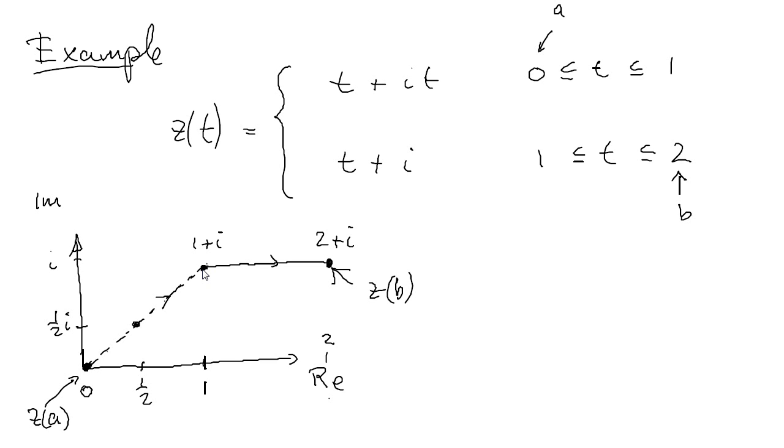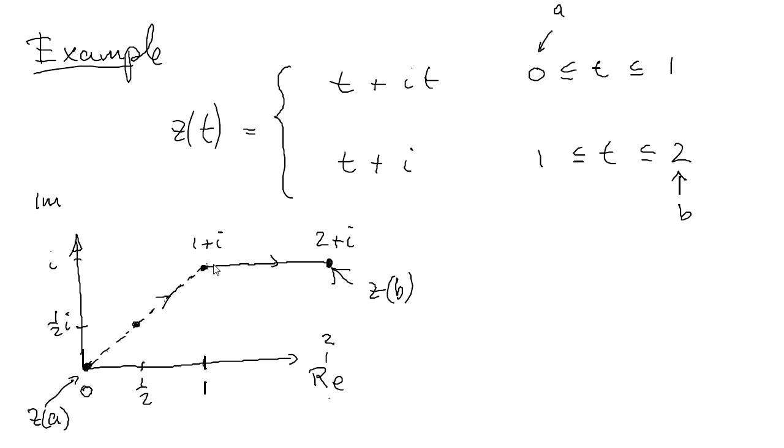When t is larger than 1, we have to use this piecewise description. So let's see. When t is equal to 1, we are at the complex number 1 plus i here. So we see now that this is a continuous function. We have no jumps here. Therefore it is an arc.